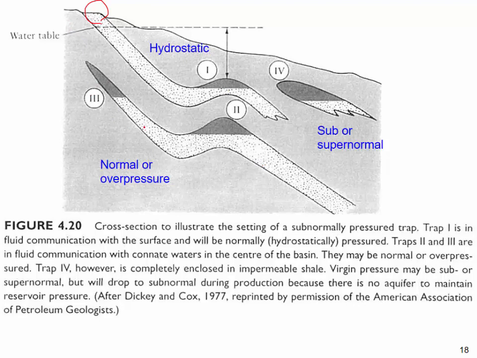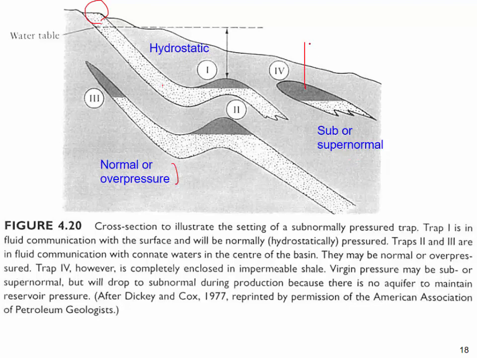This can be disconnected. Also, it doesn't have the pressure communication between this formation and this formation. So this can be a normal or overpressurized zone. And here, also it's an isolated zone, so it could be a subnormal or supernormal pressurized zone.